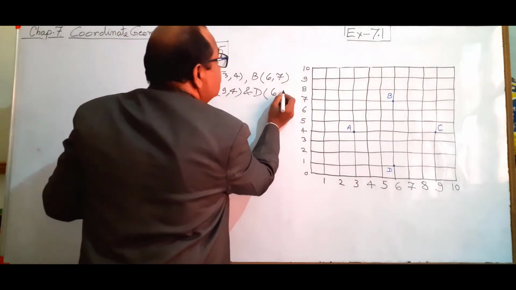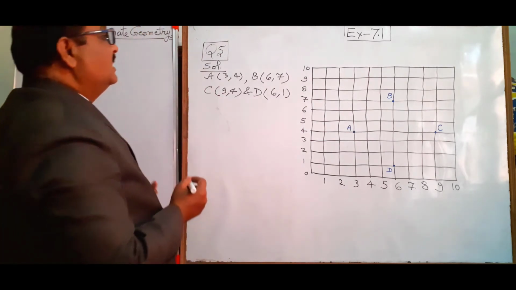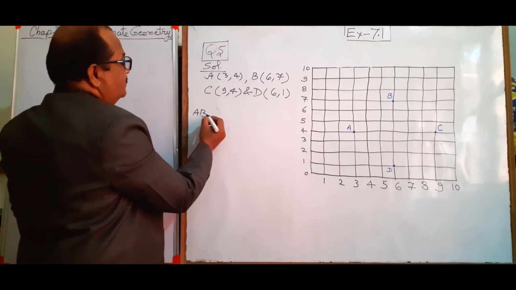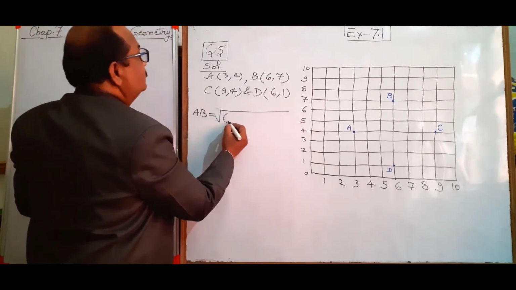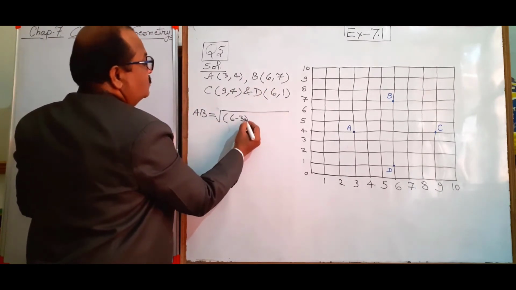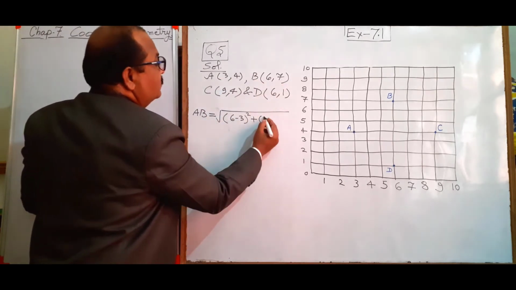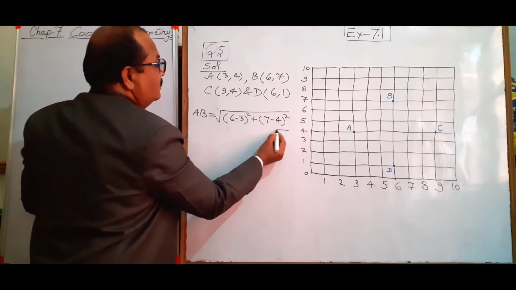After finding these 4 coordinates, you can calculate the distances. First calculate the distance AB. AB is under root (6 - 3) whole square plus (7 - 4) whole square.